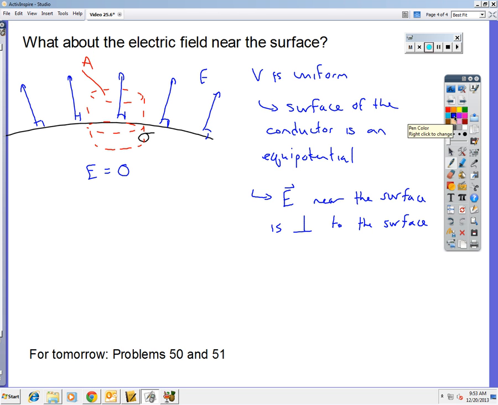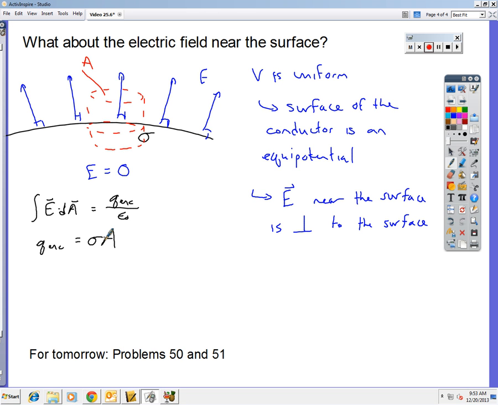Now Gauss's law is going to tell us that the enclosed charge is equal to the total flux through the surface. That enclosed charge, though, is equal to the charge density times the enclosed area.